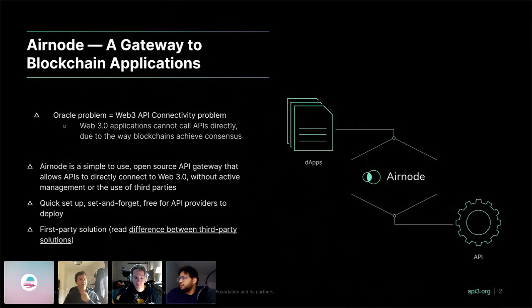And what we saw from the experience of operating in the Oracle world previously was an API connectivity problem. What that basically means is that there's no easy, simple way to securely connect Web2 APIs and make that data requestable by smart contracts.